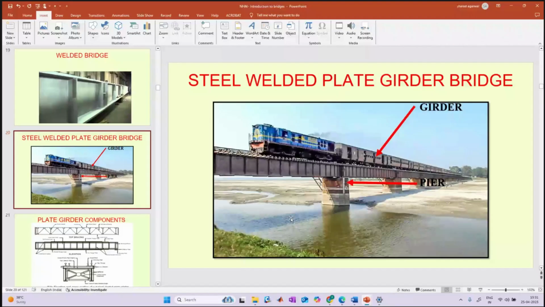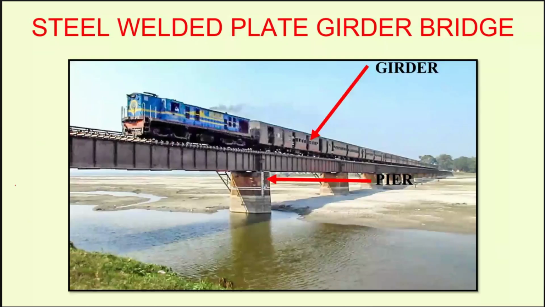This is an example of a steel welded plate girder, you can see all this structure is welded, and it is a plate girder deck type of arrangement.